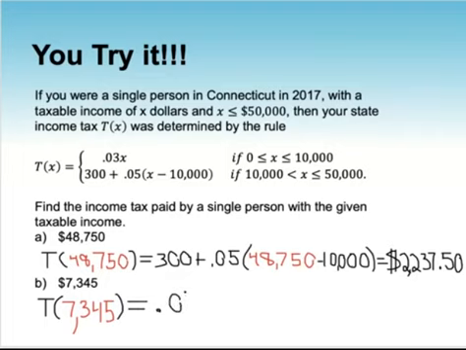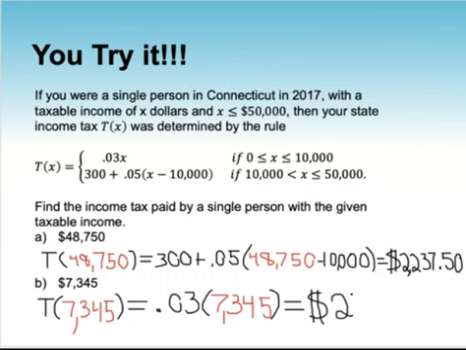0.03 times 7,345. That equals 220 and 35 cents.